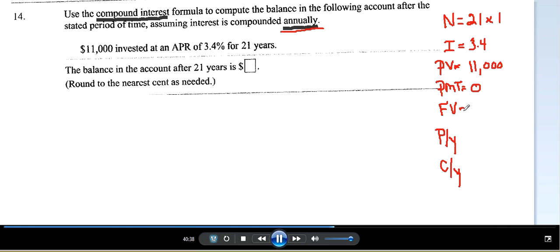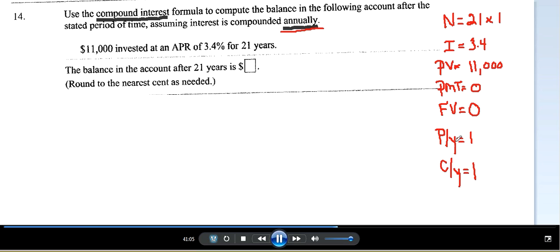The future value is what we're looking for, so we leave that as 0 as well. The PY and the CY are the number of compounds per year, so in this case annually, which means 1. If you put 1 in for the PY and toggle down, it'll pop in there automatically.